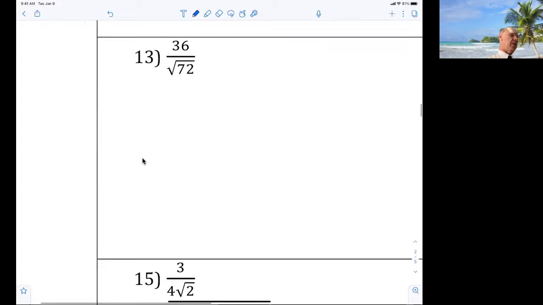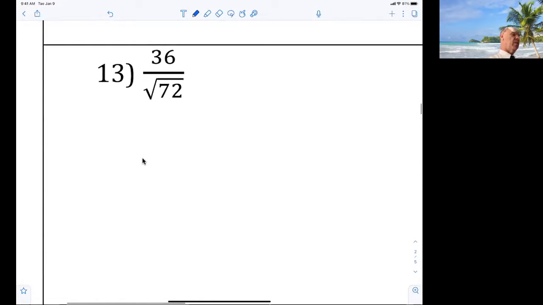Let's check out 13. Now, we've done square root of 72 several times, and I told you 72 is a common problem. So does anybody remember what the square root of 72 breaks down to? 9 and 8 is a possibility, but that's not the largest.